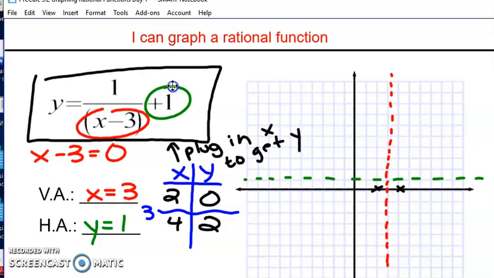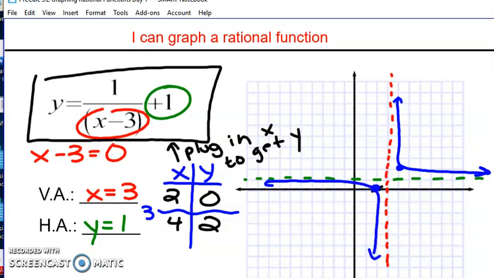Okay, we're now going to plot those points. I'm going to go 2, 0. Just by coincidence, it happened to be that one there. And then we're going to go right 4, up 2. What should happen is we should have points that are kitty corner to each other, one in the upper right, in this case, and one in the lower left.